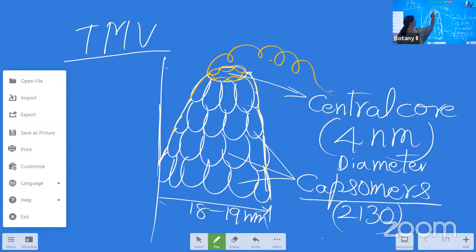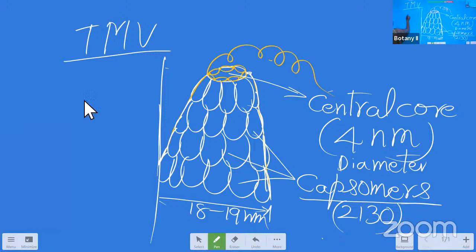The body is completely covered with protein subunits called the capsomers, and the capsomers are 2130 in number. And the molecular weight of the TMV is 39 into 10 to the power of 6 Daltons.